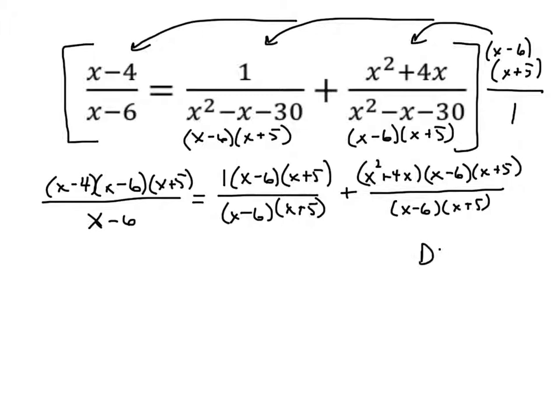Okay, so domain, x cannot be 6 and negative 5. Those are my domain values. Okay, and now I can cross some things out here.